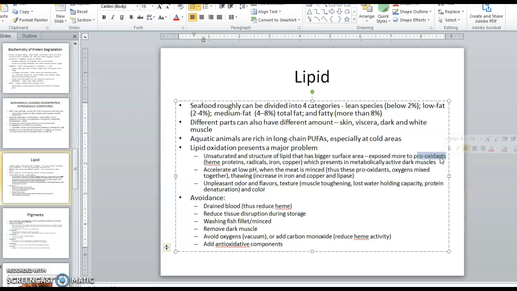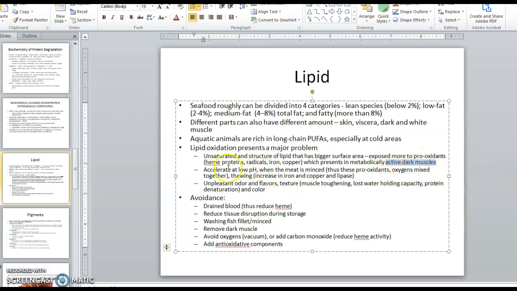Examples of pro-oxidants can be heme proteins, which are contained in the red blood cell, and radicals. In human beings, we can get these radicals from the formation of energy, or formation of ATP, or environmental factors, for example from the sunlight, because when the UV hits the biological molecule, it can produce radicals. Then there is the presence of iron and copper in the body, which are usually present in the metabolically active dark muscle.